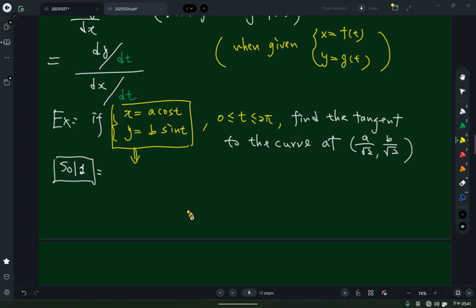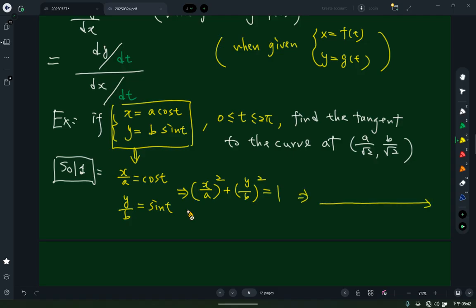So can we convert it as x over a is cosine t, y over b is sine t. So with this, we can get (x over a) squared plus (y over b) squared is 1. So what's the shape for this equation? It's an ellipse, right? So based on this, we can conclude it is an ellipse.